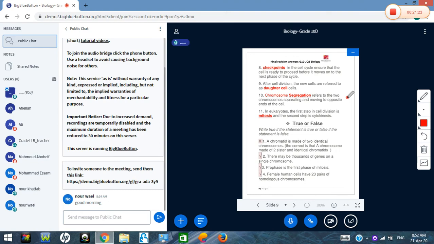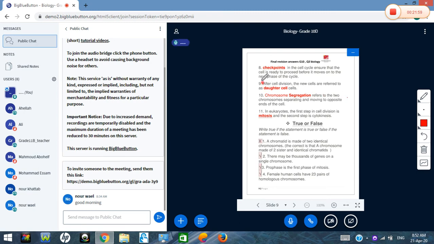Maybe a checkpoint of G1, maybe a checkpoint of S, maybe a checkpoint of G2. The checkpoint in the cell cycle makes sure that the cell is ready to perform the next phase or the next stage.